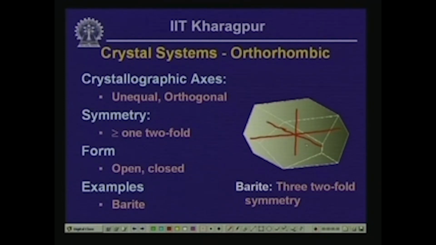These 3 crystallographic axes have 90-degree angles between them, but all the axes are of unequal length. So, that is the reason why this type of mineral gets classified as an orthorhombic mineral.